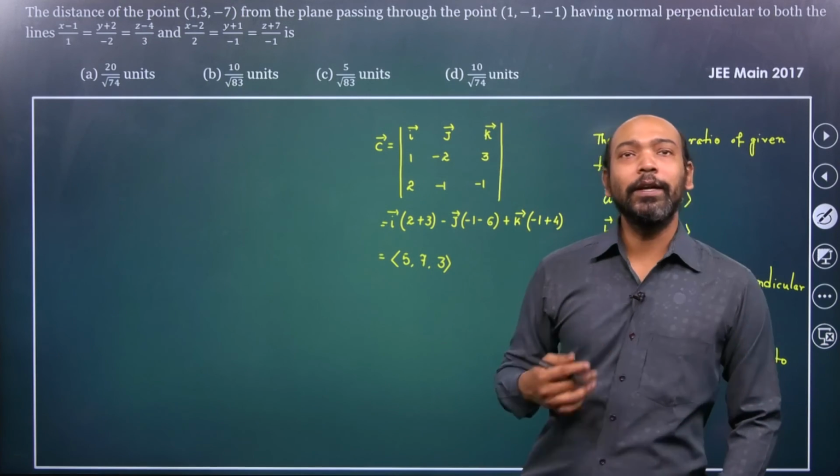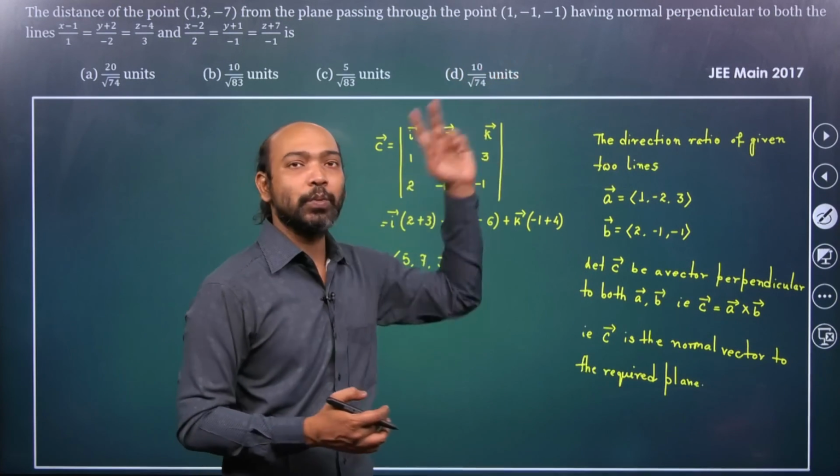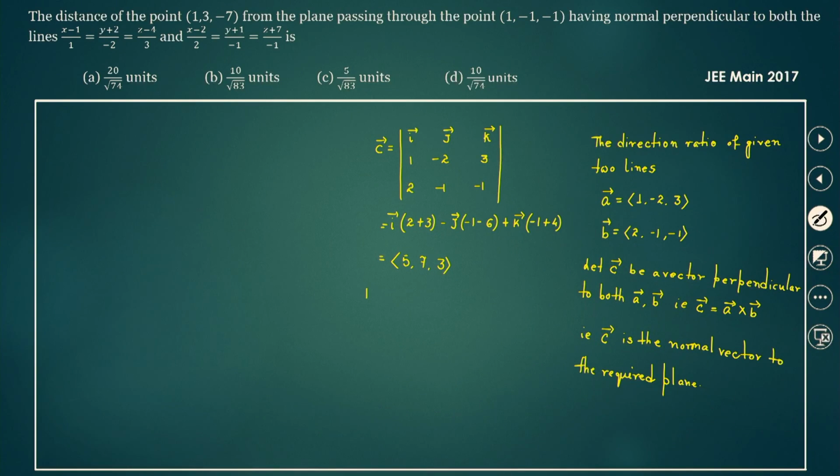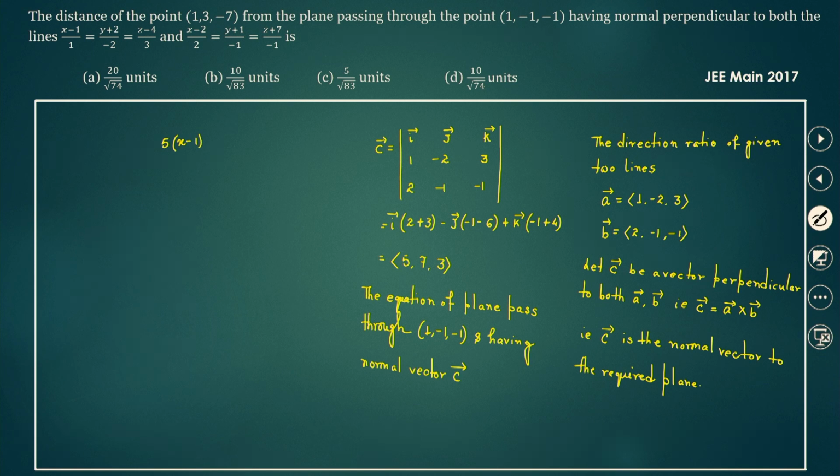Now what are we required to find? We are required to find a plane which is passing through the point (1, -1, -1) and having normal vector C. So the equation of a plane passing through (1, -1, -1) and having normal vector C is: 5 into (x minus 1) plus 7 into (y plus 1) plus 3 into (z plus 1) equals 0.